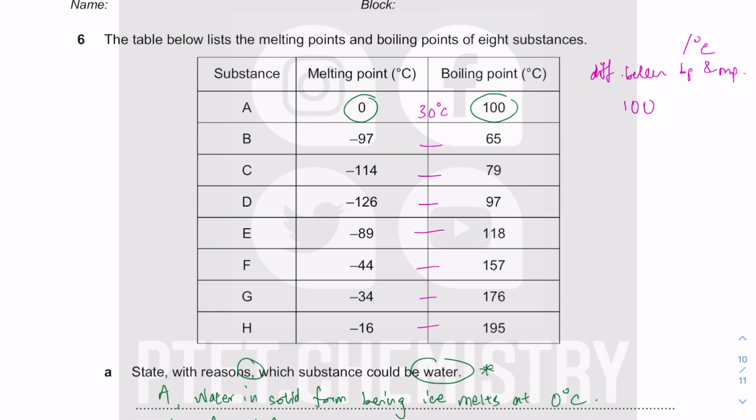65 minus 97. You need to be very careful of your maths here. Put this in your calculator. Then 79 minus 114. Again, there is a plus. You can do all this on your calculator, of course, and skip to the next bit of this tutorial video.